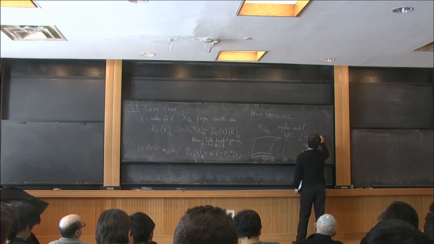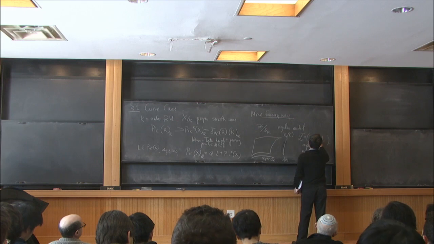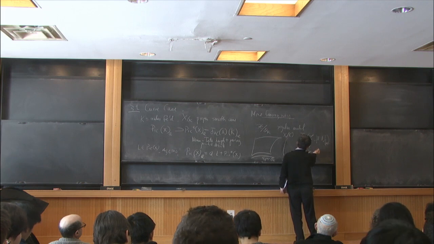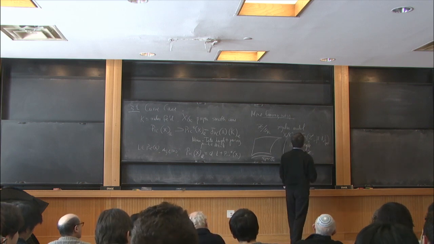Then you put a metric for each v dividing infinity. You want this not only to be ample, you want it to be arithmetic ample. This is the typical way.